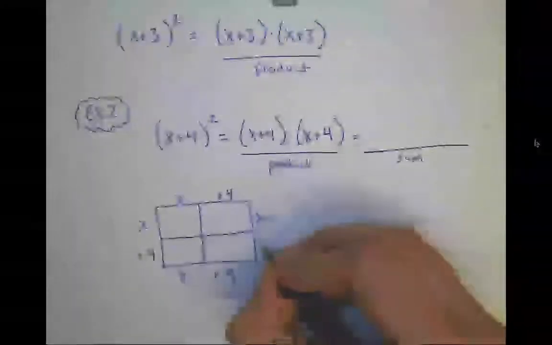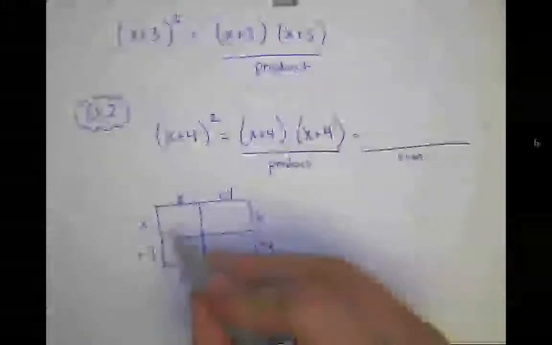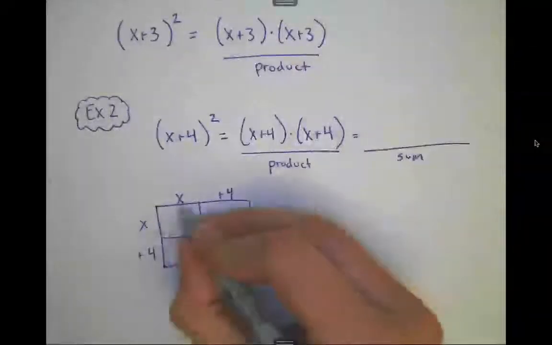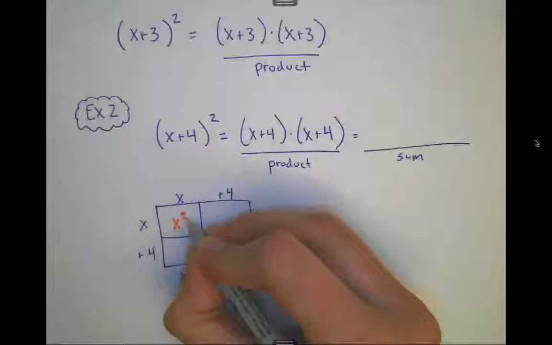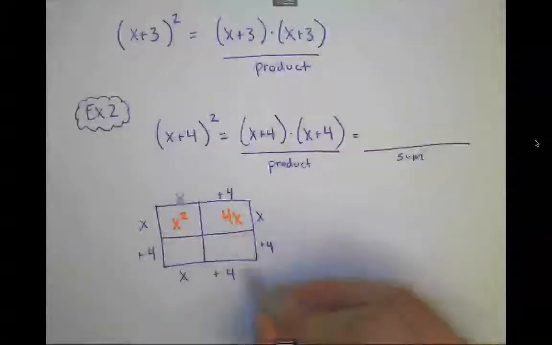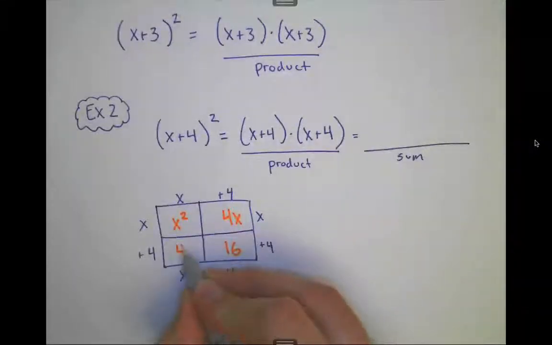We go around our rectangle multiplying each corner to get our area. So x times x is x squared. 4 times x is 4x. 4 times 4 is 16. 4 times x is 4x.